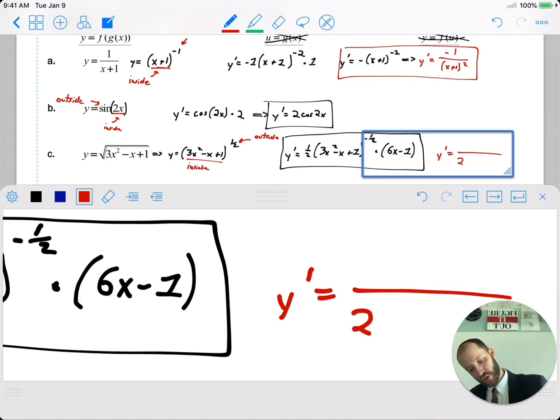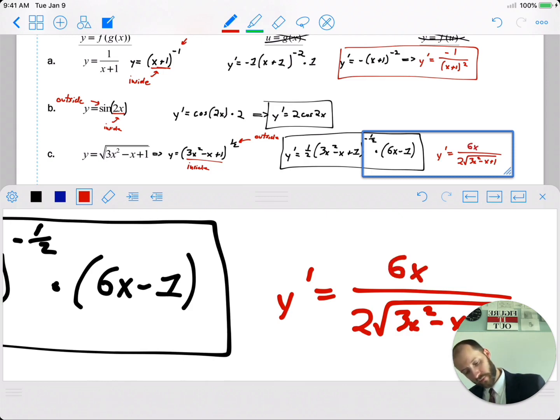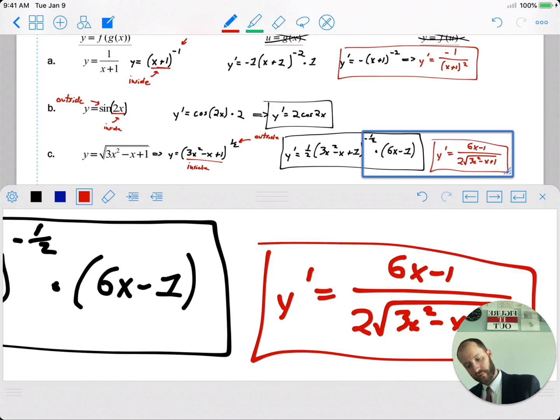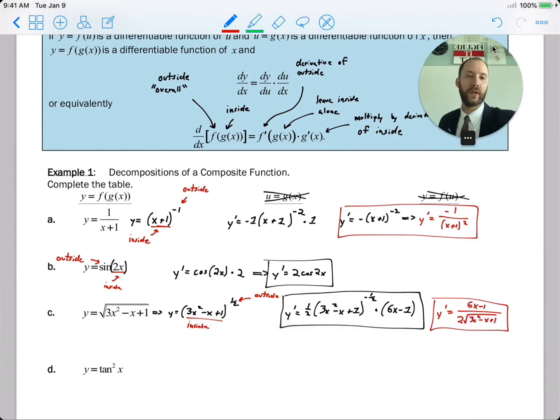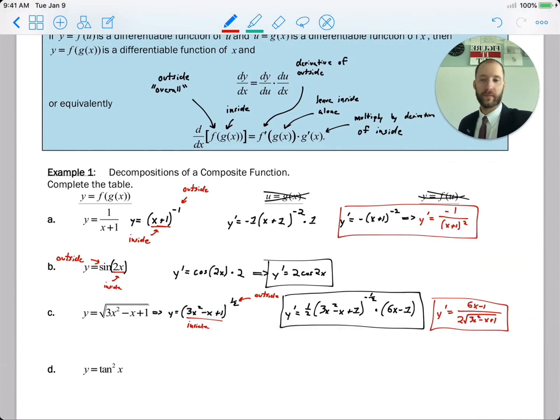So 2 root 3x squared minus x plus 1, and the 6x minus 1 goes in the top. So some algebraic manipulation of that problem, okay?